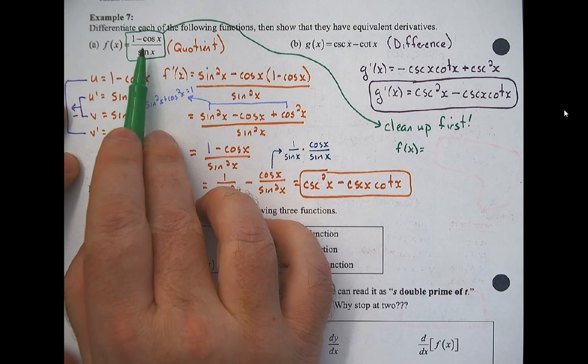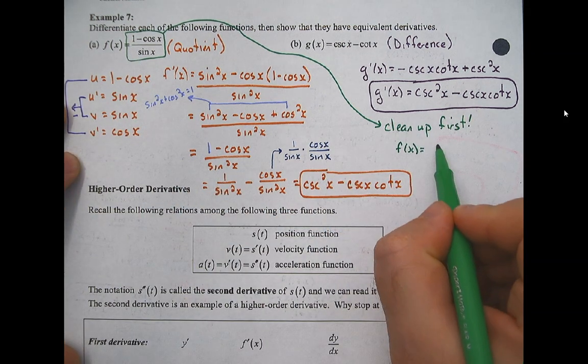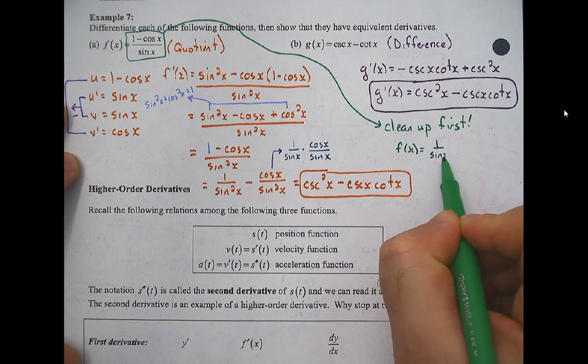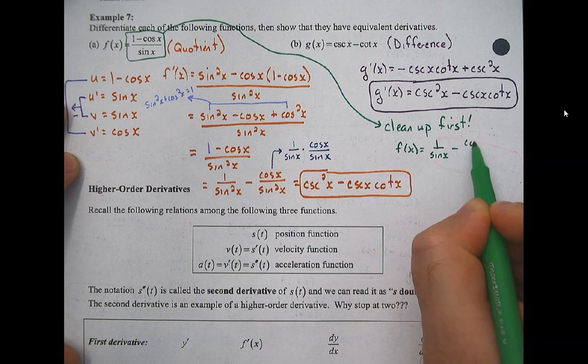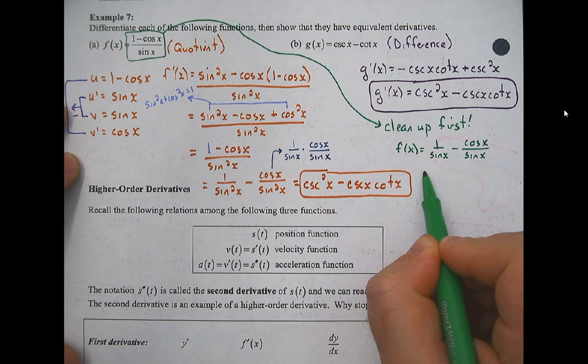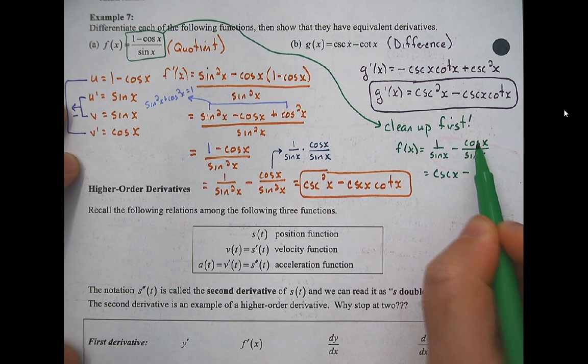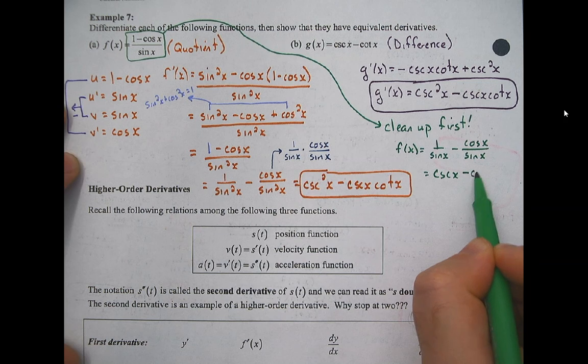I've got a fraction that's over one thing, so I can split it up. So this becomes 1 over sine minus cosine over sine, which equals, what's 1 over sine? Cosecant minus cosine over sine is cotangent.